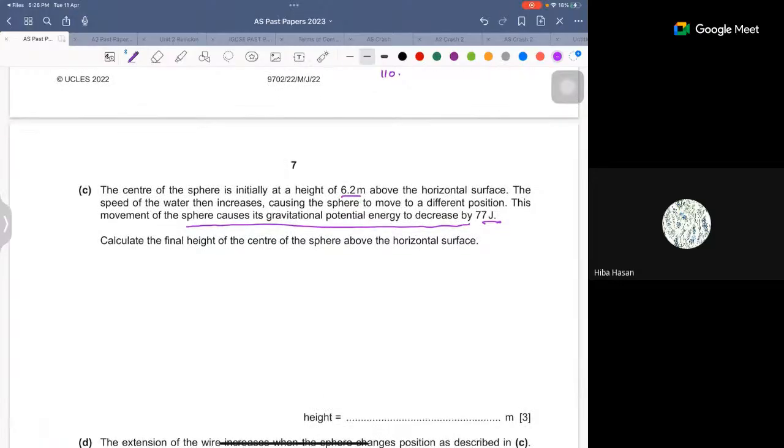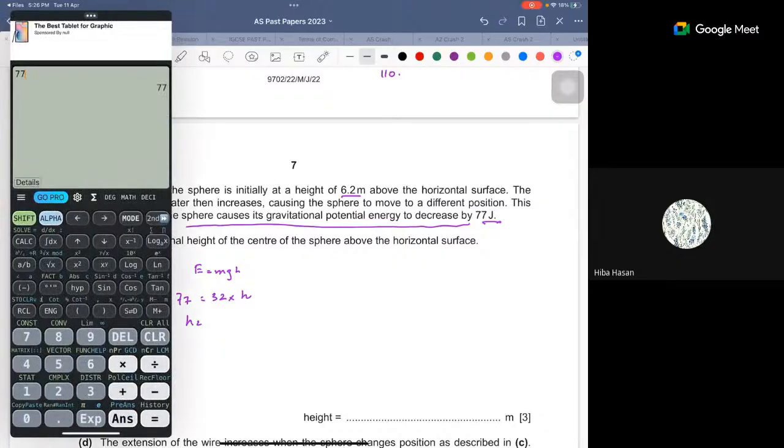So we're going to do E equals mgh. mg is 32, height is h, and the energy is 77. We already have the mass. So we're going to write 77 divided by 32. So this is going to be 2.41 meters, almost like that.